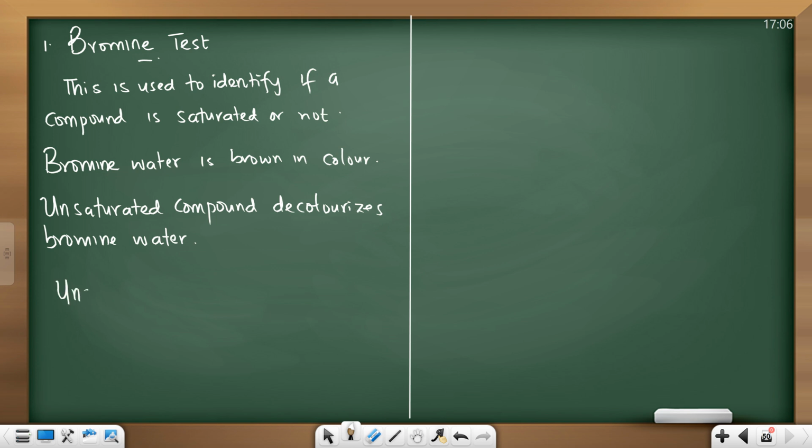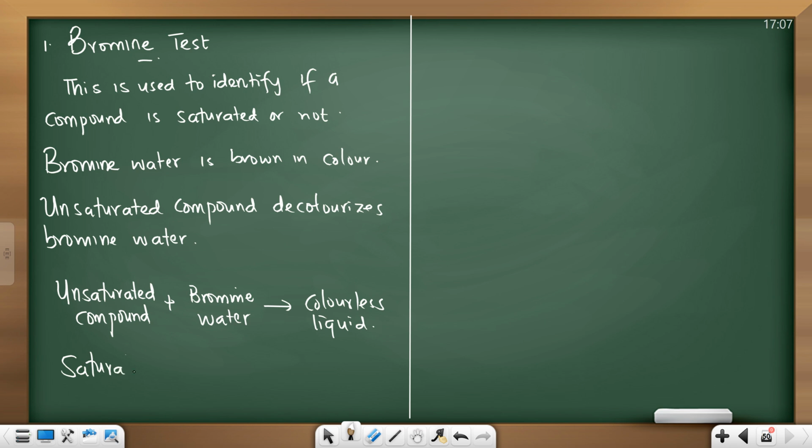That is, if I have an unsaturated compound and I add bromine water, I'm using colors for now, this becomes a colorless liquid. But if I have saturated plus brown bromine water, it will remain a brown liquid.